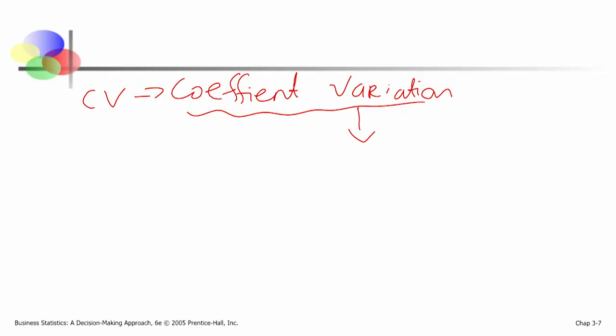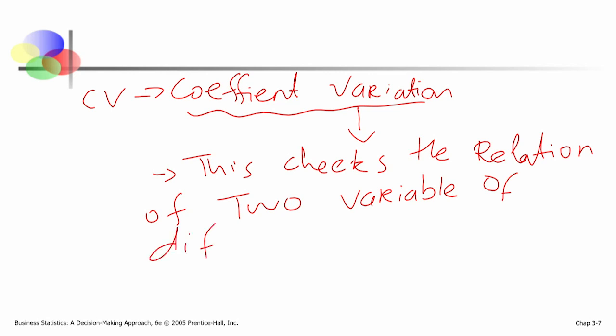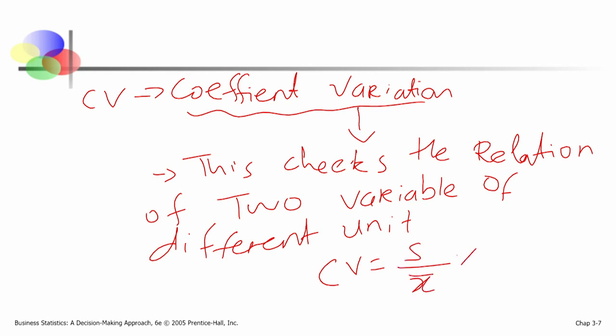So this checks the relation of two variables of different units. And the formula for it is CV equals S divided by X bar, times 100, right?